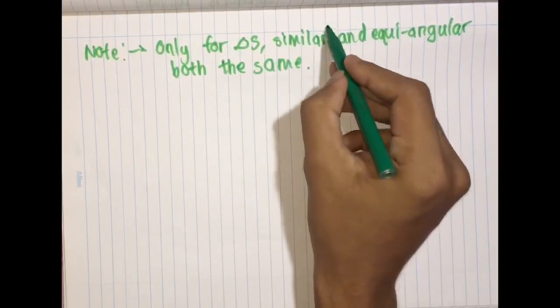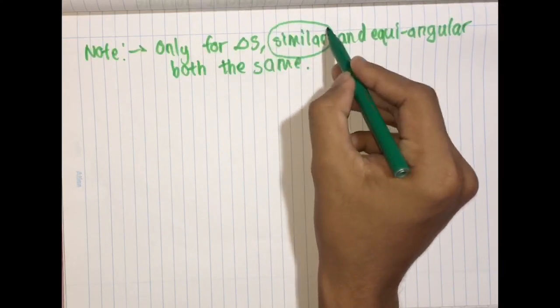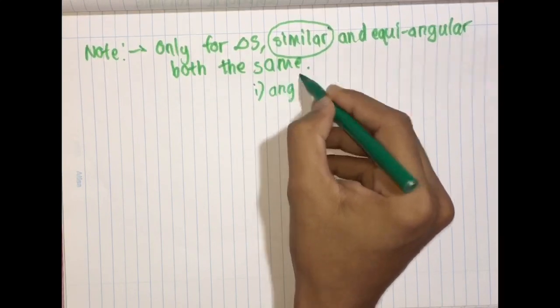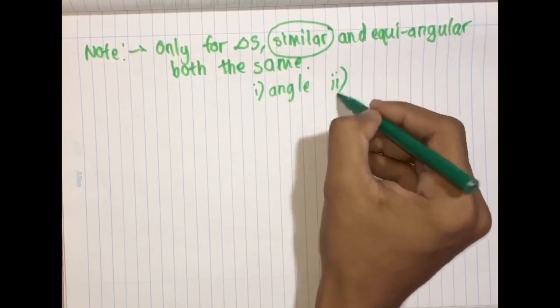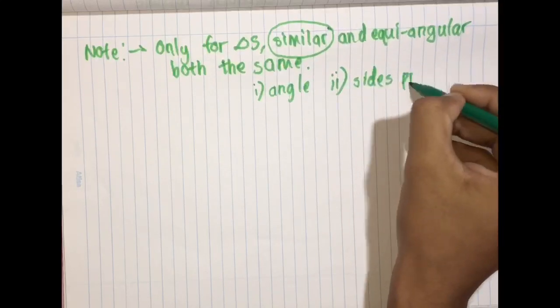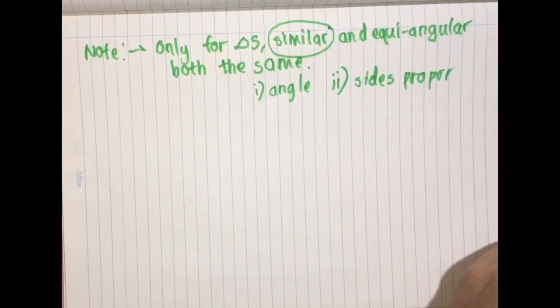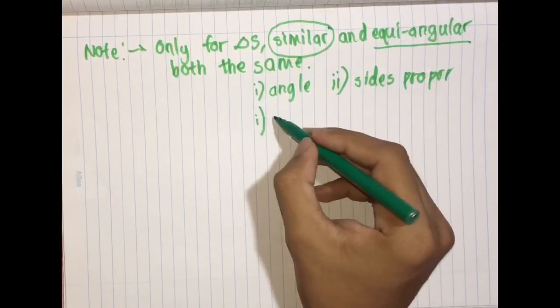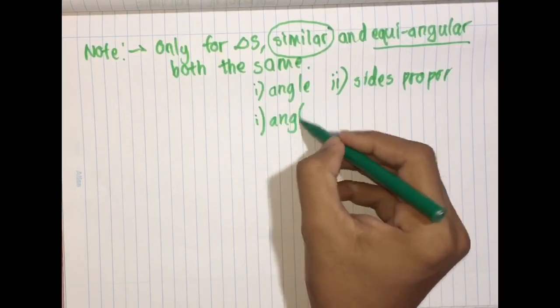Now I told you, if it is similar triangles, what are the two conditions? One is that the angles should be the same, and the other is that the sides should be proportional. Now if you consider equiangular, that means the angles are equal.